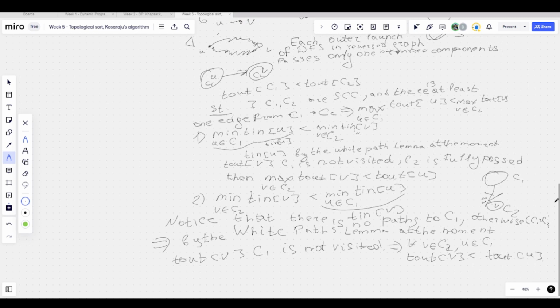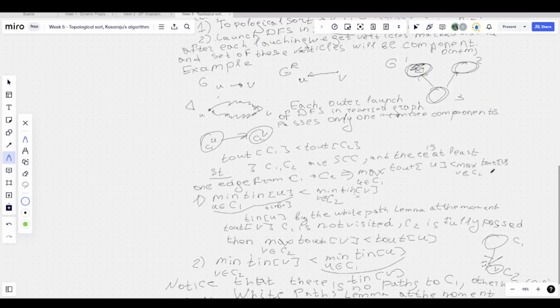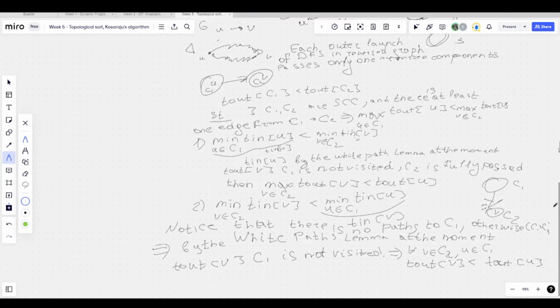Once again, in this kind of proof, we consider two cases, and according to these cases we try to apply the white path lemma, and we carefully look at what happens and prove our theorem.